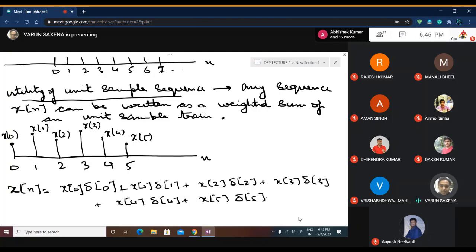Sir, you can also express it in terms of that n minus k form. I'm coming to that. You can always express it in that form that you're talking about. Let me come to that as well. What you're basically trying to say is that you can write it as something times delta n minus k. We'll come to that. I just want to tell you that you can write it as a weighted sum of delta functions or an impulse train.